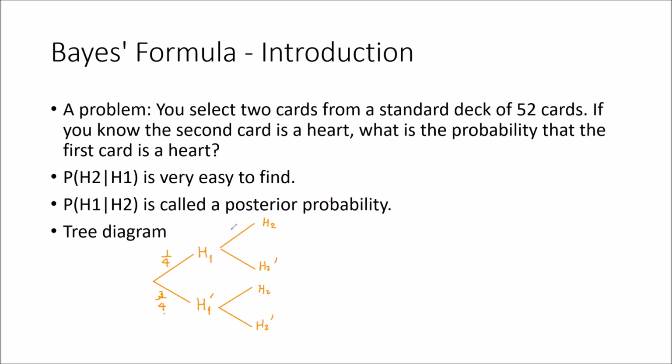And then this probability, we put it here, is a conditional probability. Okay, this is something I want to emphasize. This one is actually the probability of H2 given H1.